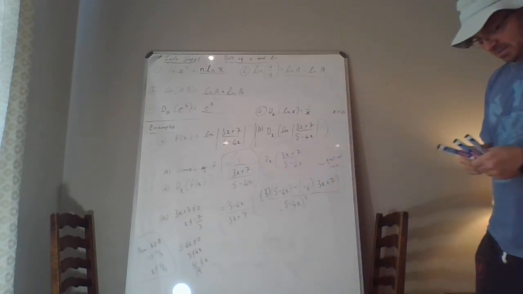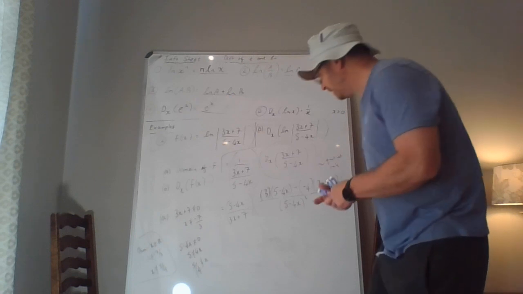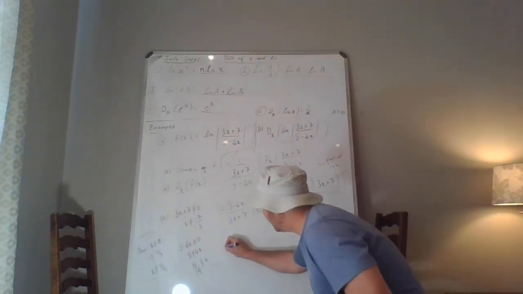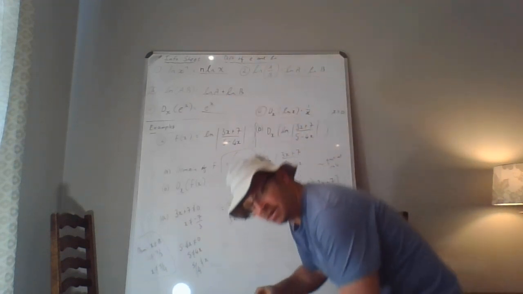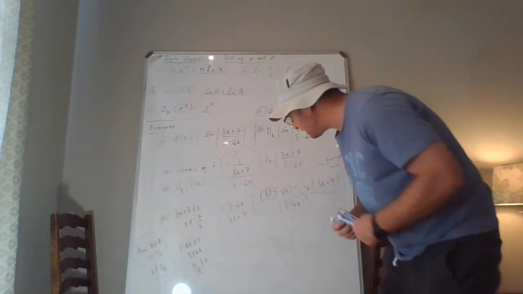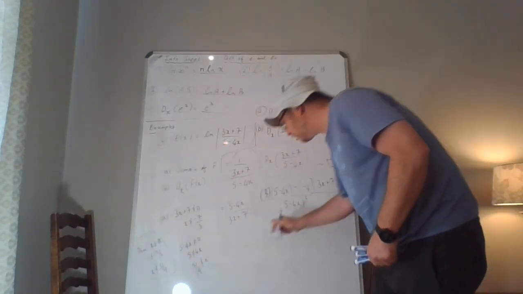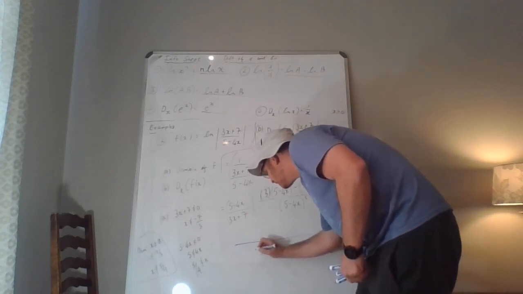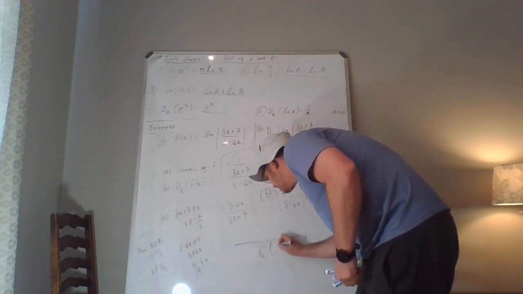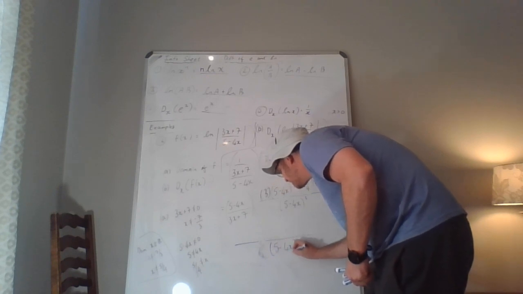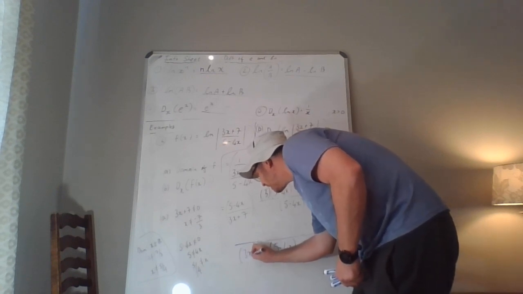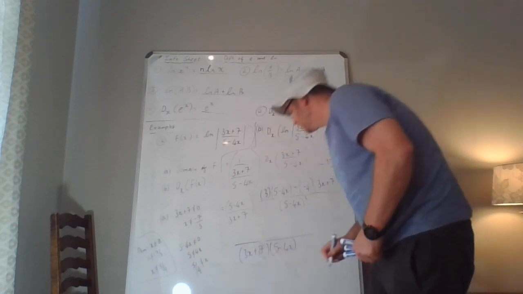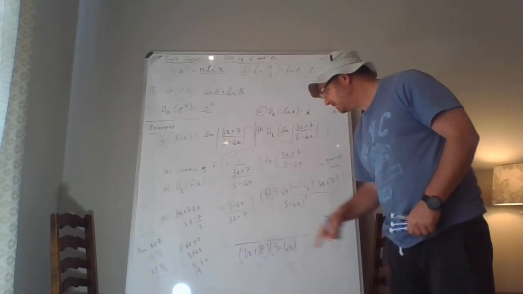Okay, right, so just going to make that prettier. And if I make it prettier, I end up with, well, you're going to have 5 minus 4x squared, which is going to leave you with 1 5 minus 4x at the bottom. And you're also going to have 3x plus 7 still at the bottom, because that cancelled out.